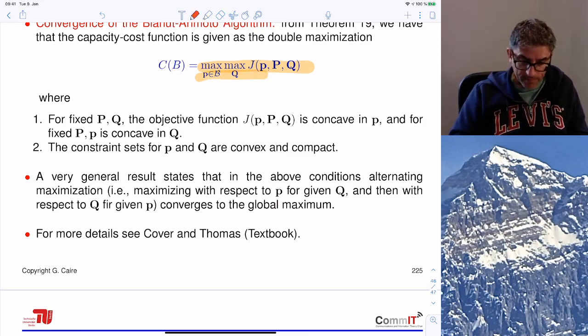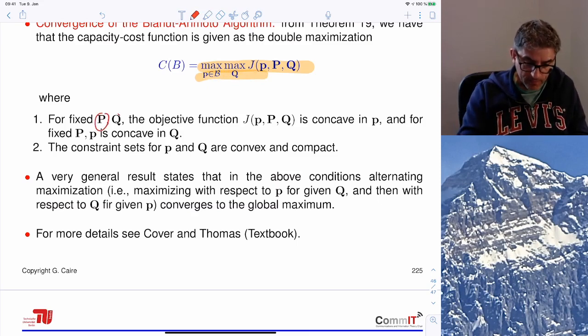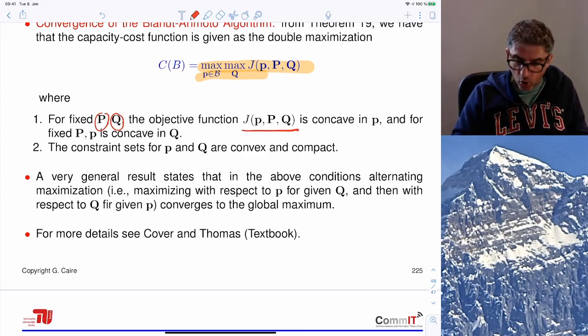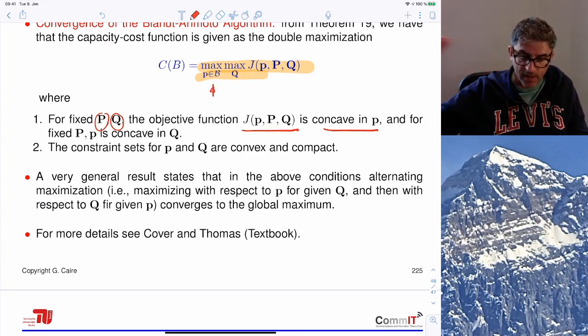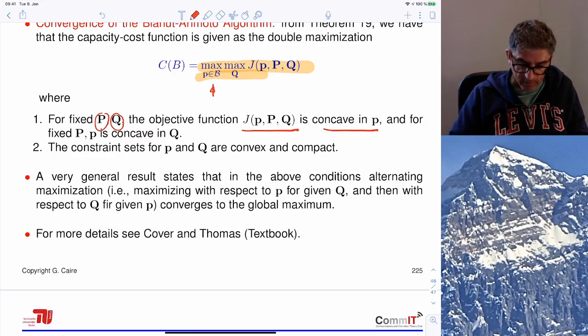This double maximization has a special structure because for fixed small p and capital Q, this function J is concave in P, and the constraint set here is convex. So we are maximizing a concave function in P over a convex set.